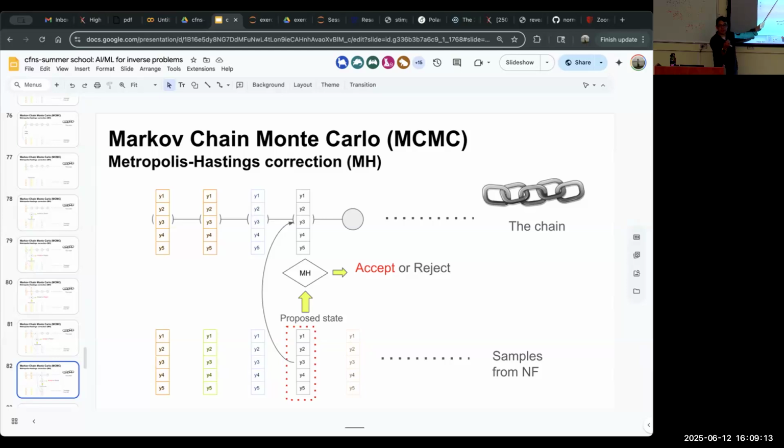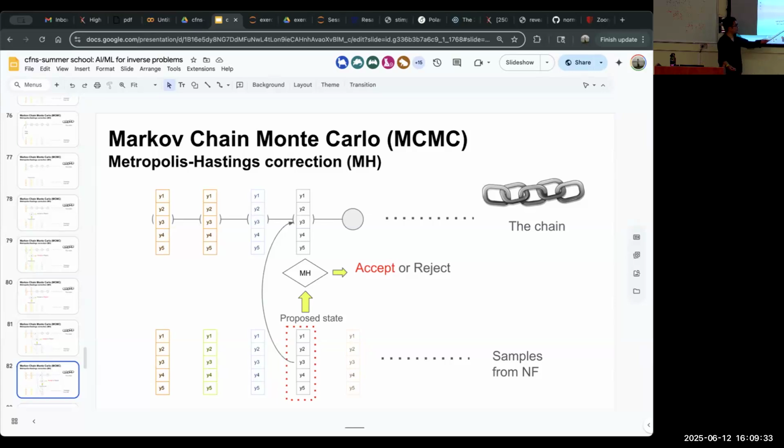So the trade-off depends on your problem and on how much enthusiasm you have; you keep training. And once the bulk part is okay, you can correct the mistakes of your normalizing flow with the Metropolis-Hastings algorithm, which I haven't told you about.